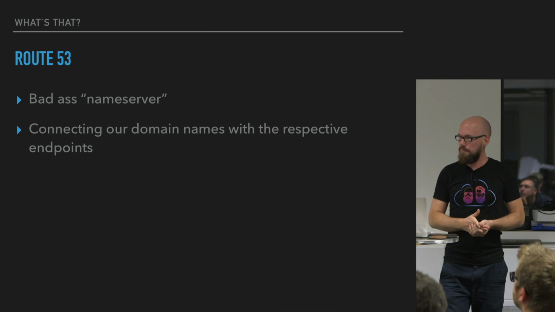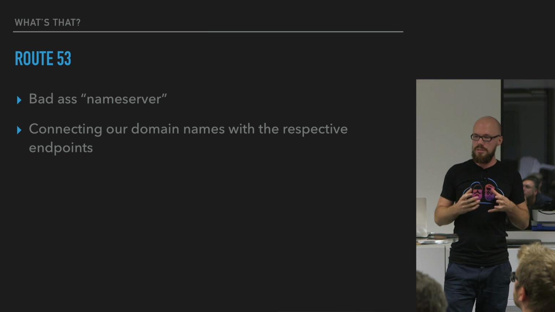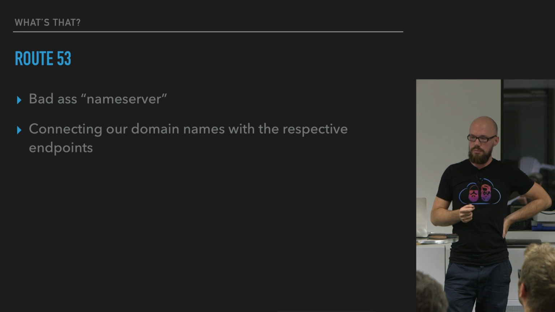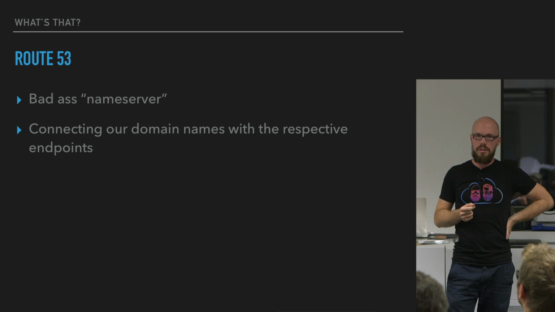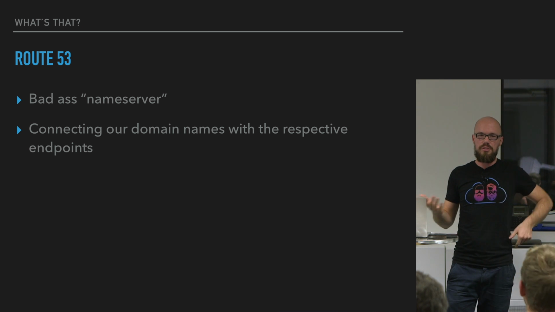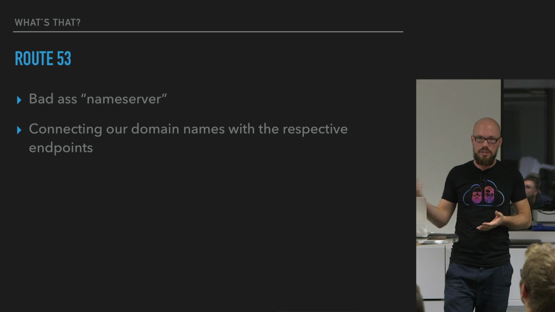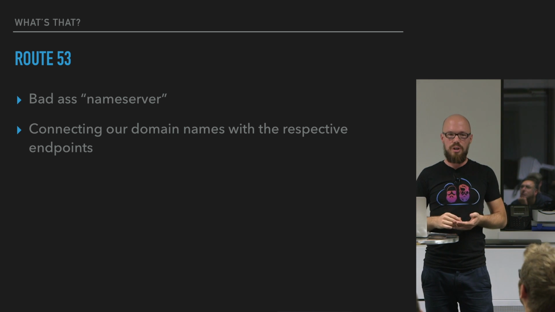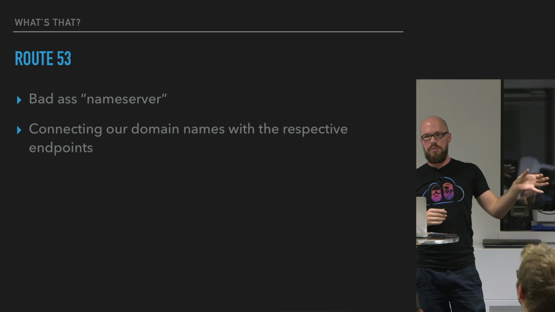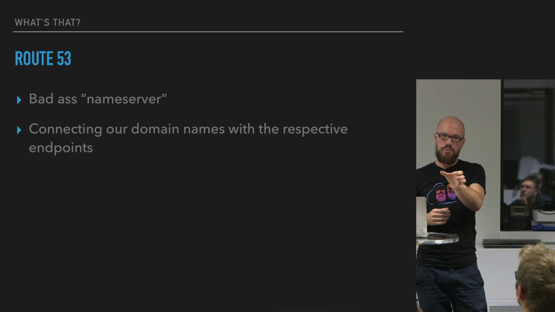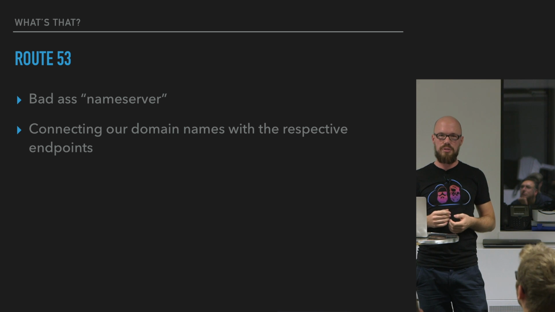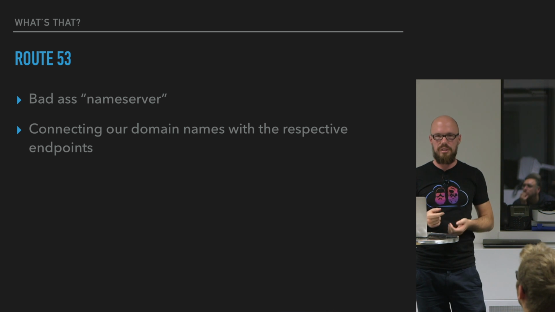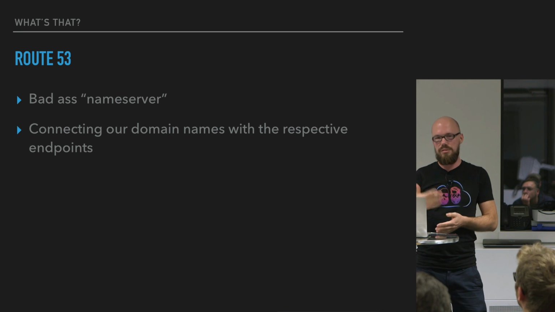And then the last thing we use at Cloud Brothers is Route 53, which acts as name server, and it's also very cool because I can almost instantly change the endpoints where my domains point to. So, for example, if I have my domains pointing to the S3 bucket and I change it to the CloudFront distribution, it changes instantly, and I can serve from there on forth over HTTPS or whatever I want.